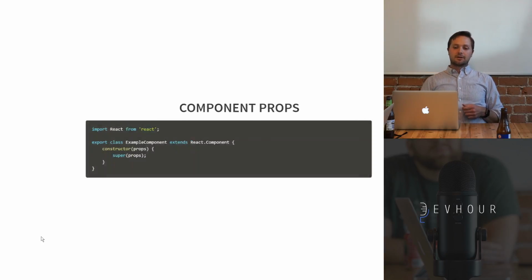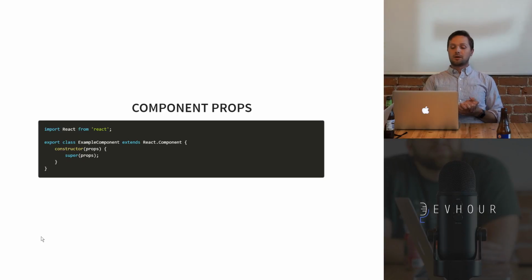So let's take a look at component props, or properties. This is what we were talking about a second ago. This is how data flows through your React application. Properties are read-only. They're the preferred way to pass data through the virtual DOM that you have.